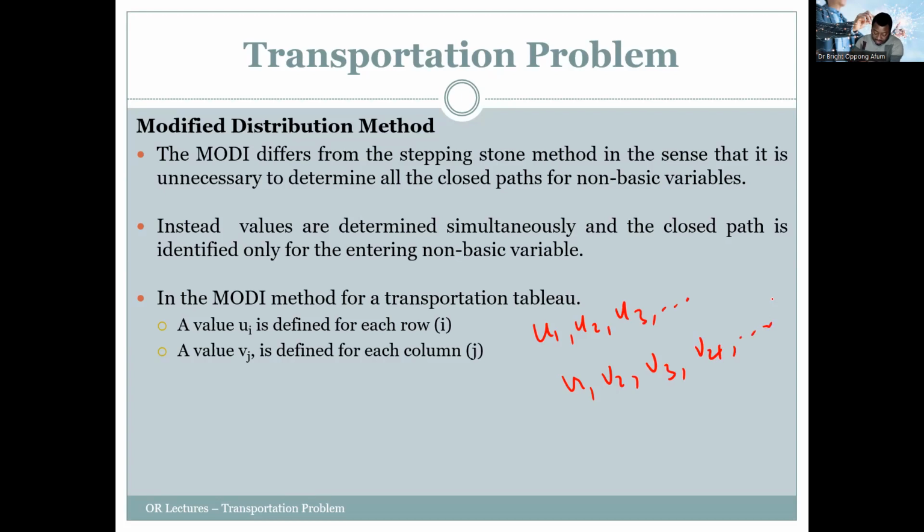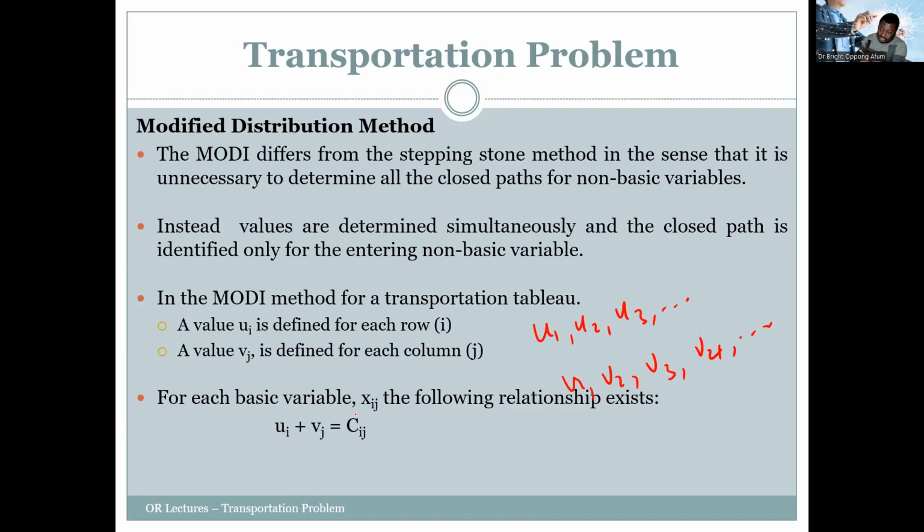So we do that evaluation for each basic variable. For each basic variable, the decision to allocate depends on the associated unit costs for each cell. So the Cij is the associated unit cost. So that is done.